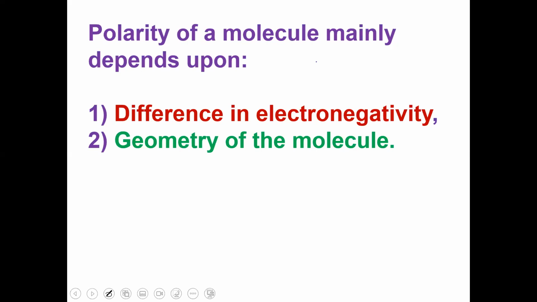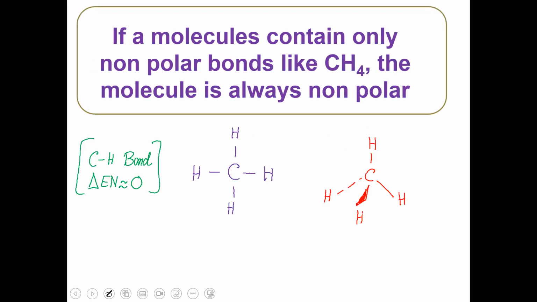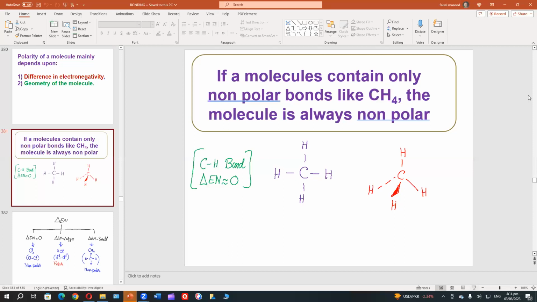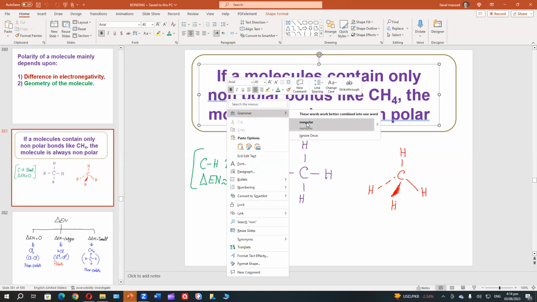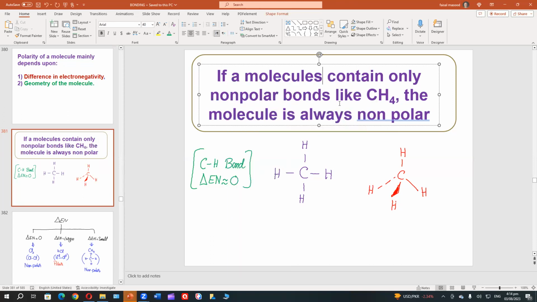Yeah, done. Got it. So this is something we are connecting from the back. If a molecule contains only non-polar bonds like methane, the molecule is always non-polar. Now, this is a common sense approach. If all the bonds are non-polar, then definitely the molecule will also be non-polar, because polarity first needs the polarity of the bond.